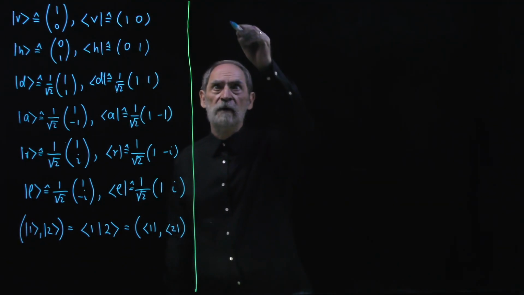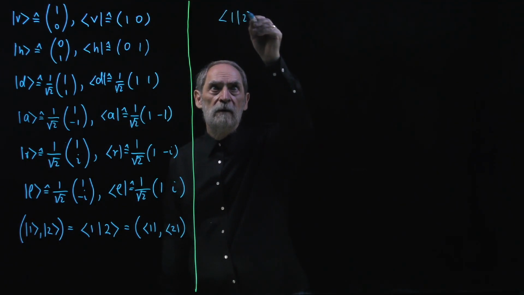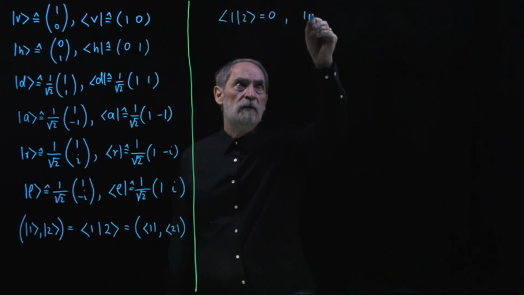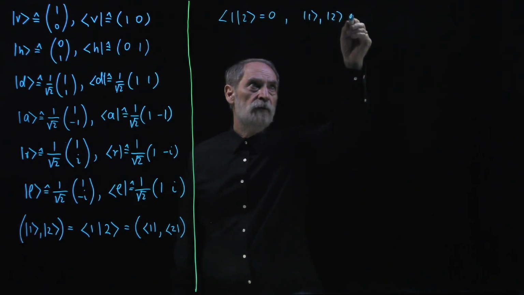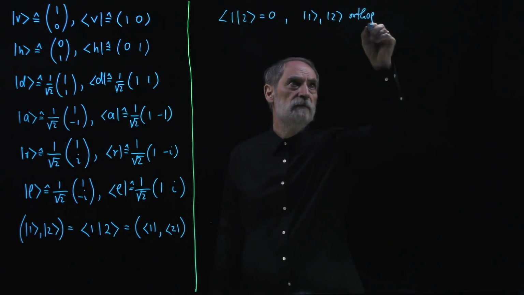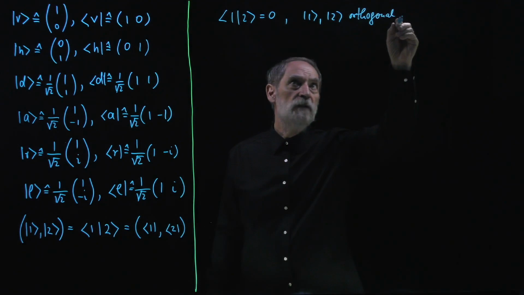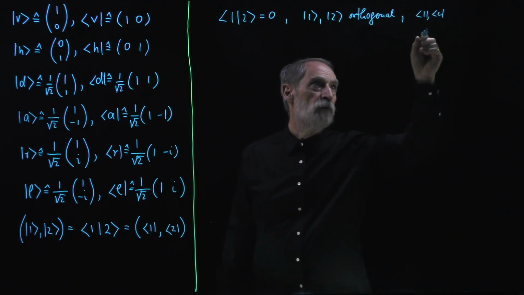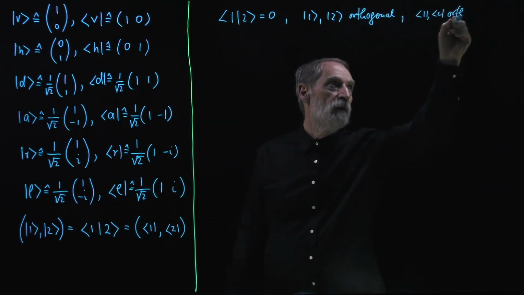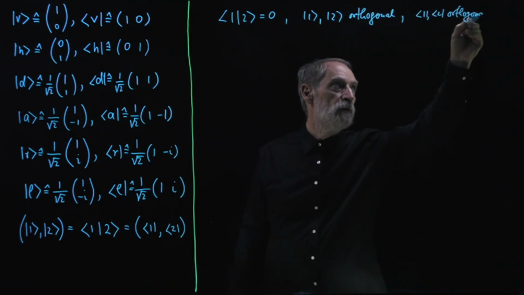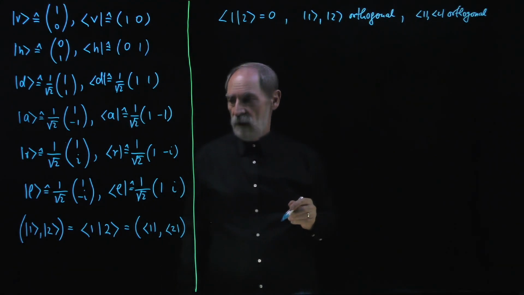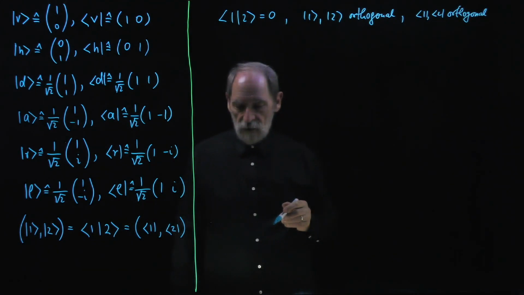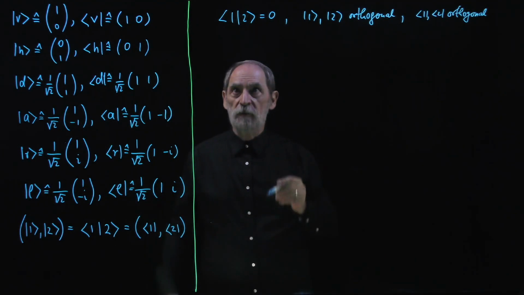So if we have a bracket which has the value 0, then the two kets are orthogonal. And also the two bras that we are talking about are orthogonal. And also, if we have an inner product, then we can take the inner product of one of those objects with itself.